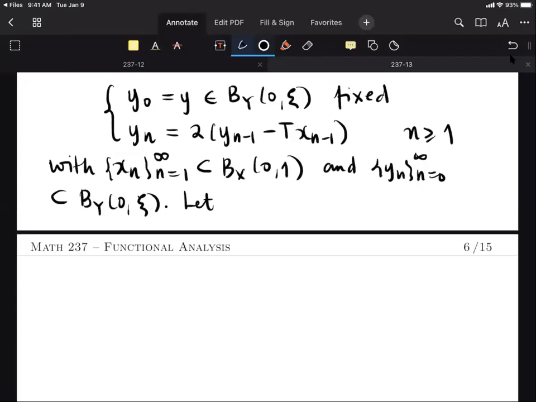Consider the set of partial sums, say Sm, the sum of x sub n over 2 to the n, from 0 to small m, for m greater or equal to 0.